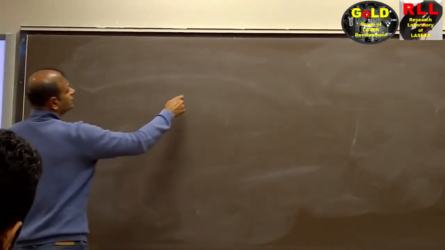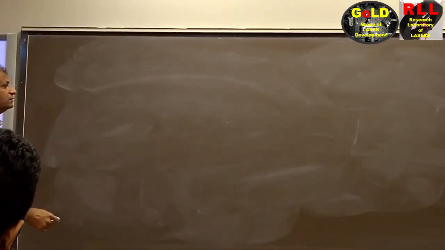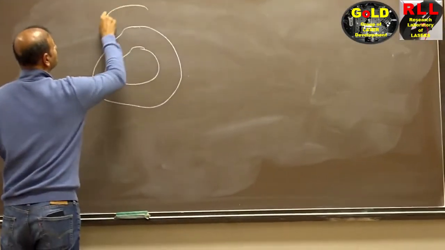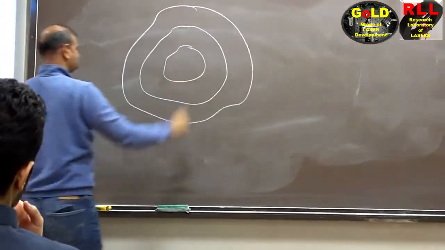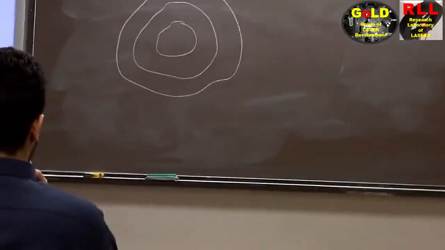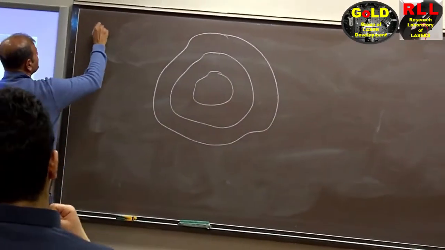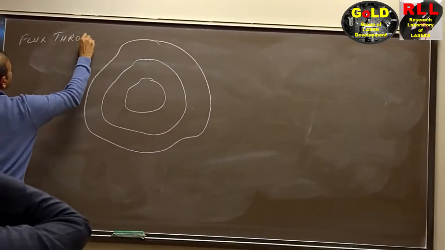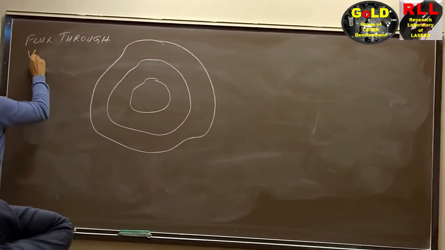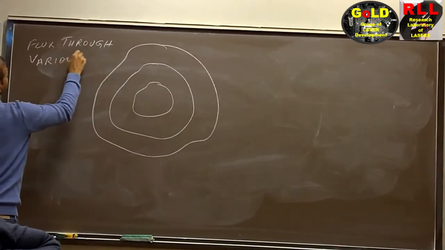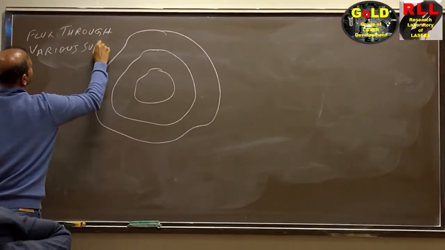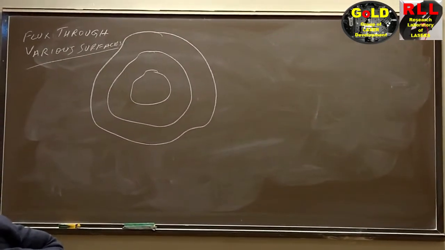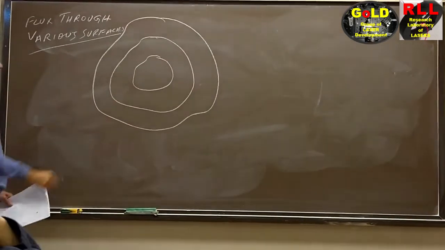Let's suppose you have many surfaces like this, another surface like this, another surface like this. So we call it flux through various surfaces, and the charge is inside.